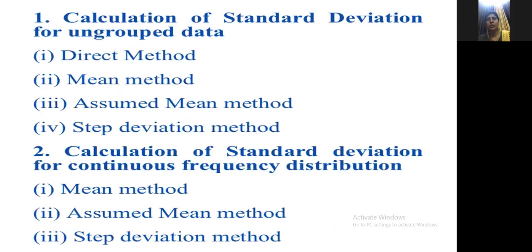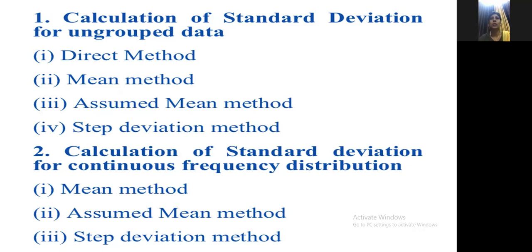Let's move on to next. That is the different methods we used for finding the standard deviation. As in the previous chart, we have shown you different methods and the grouped and ungrouped data variation also. So this is related to that particular concept, that is standard deviation for ungrouped data.